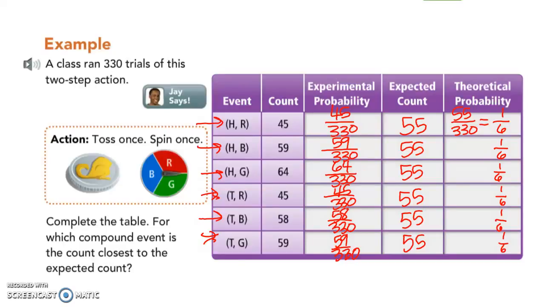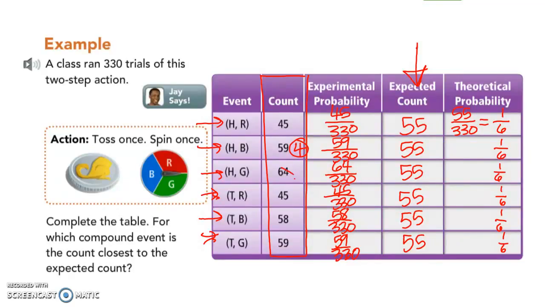Okay? Now, let's answer our question. For which compound event is the count the closest to the expected event? So looking at our count, the actual what happened in the experiment, which of those is going to be closest to our expected count, 55? Let's see. 59, that is just 4 away from 55.